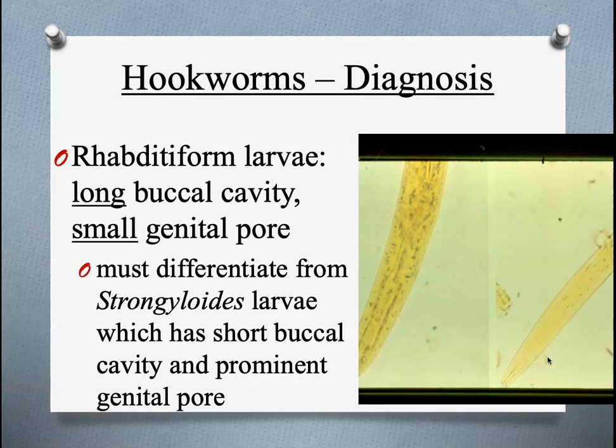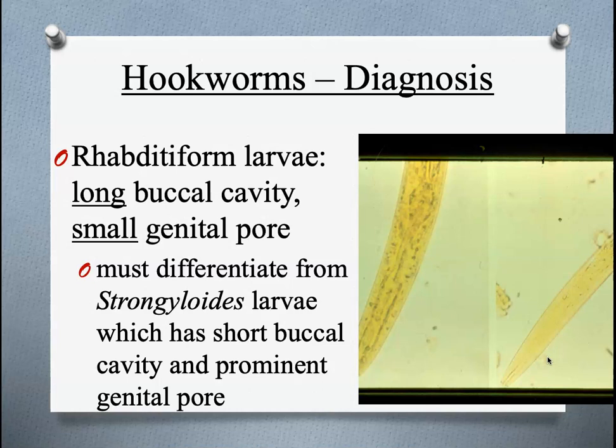So speaking of that, to jump ahead a little bit, the rhabditiform larva of hookworm closely resembles that of the rhabditiform larva of Strongyloides. So we have to memorize a couple facts to be able to differentiate these two. The Strongyloides rhabditiform larva has a short buccal cavity and prominent genital primordium.